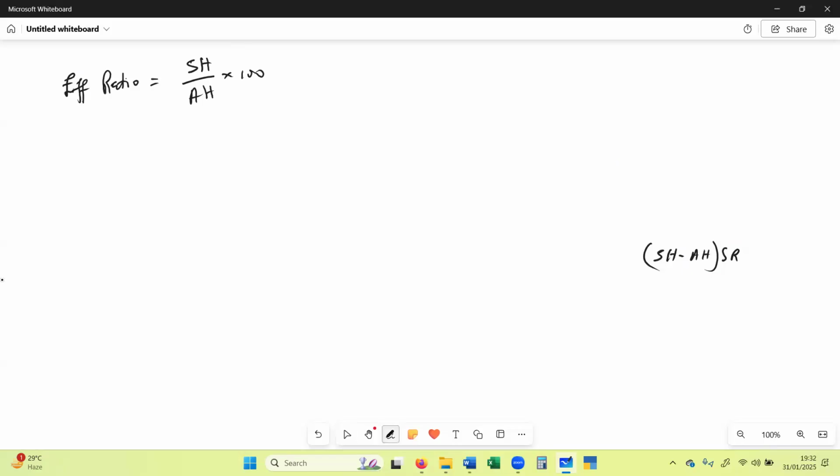Then you come to the capacity ratio. The capacity variance, how do you get it? Budgeted hours minus actual hours, then we multiply by standard rate.